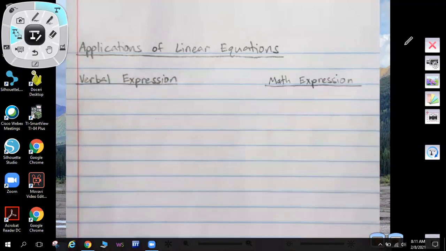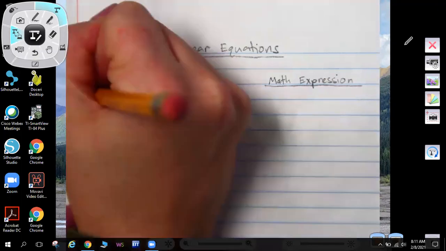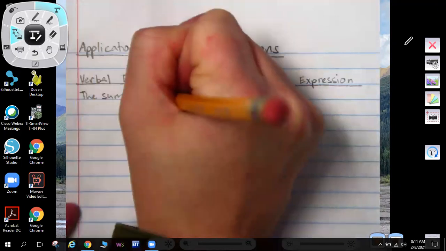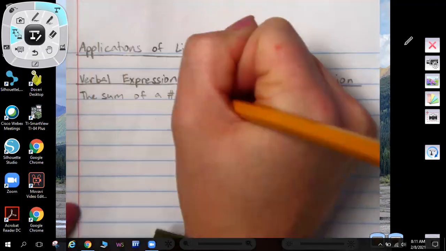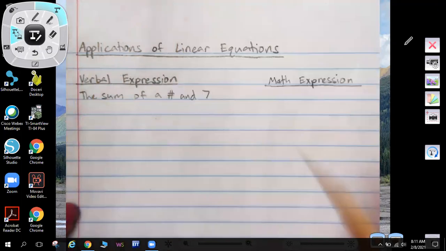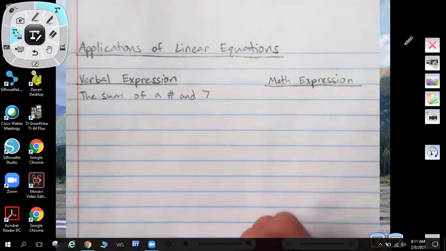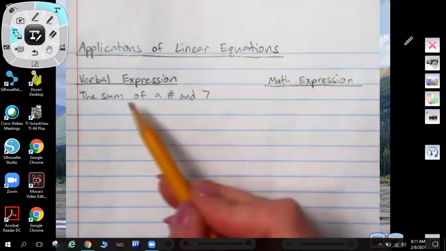Okay, the first verbal expression is the sum of a number and 7. The way that we would translate that into math terms, the sum means addition. So we're adding some number and 7.